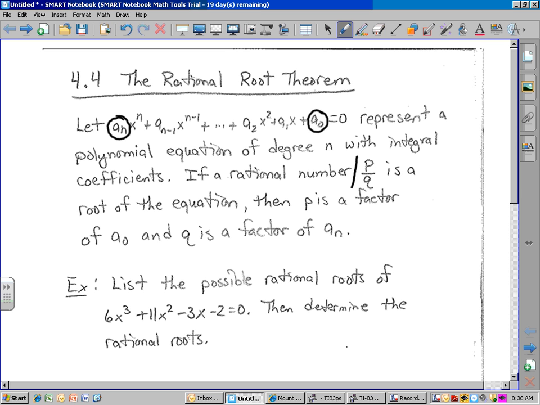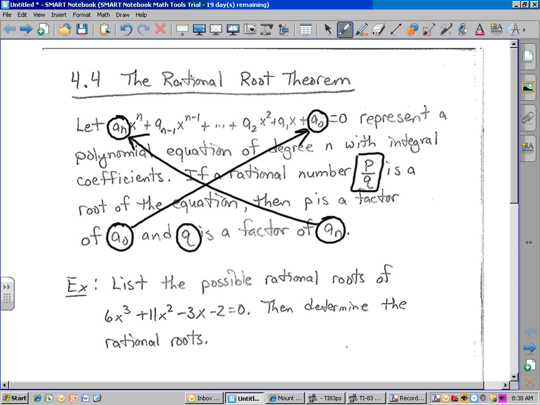Okay? P over q is a root if p is a factor of a sub 0. So the top p is factors of the last number, a sub 0. And q is a factor of a sub n. So the bottom of the fraction is factors of the first number, a sub n, as you can see.